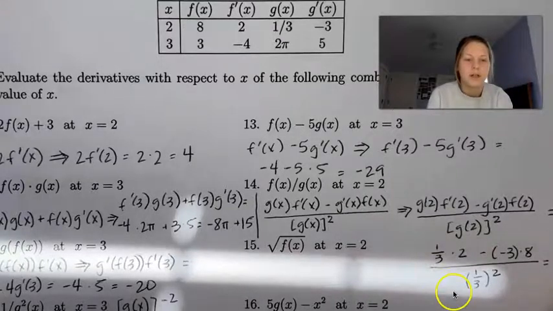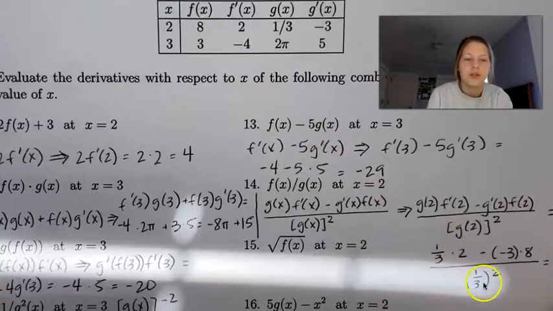So here we'll get g of 2 is 1/3, g of 2, 1/3, f prime of 2 is 2, f prime of 2, 2. G prime of 2 is -3 here. F of 2 is 8.